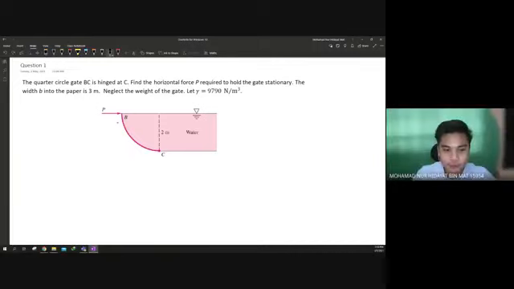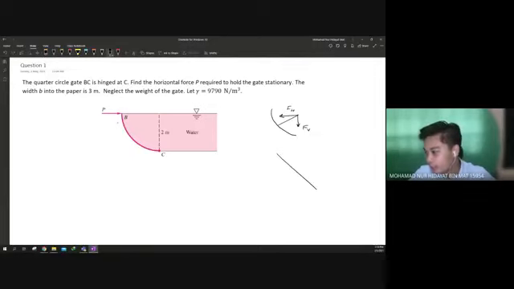So we have two forces, horizontal and vertical. For curve, we have the FH and FV. If straight, we only have one force. So this definitely we require two forces to calculate the P.